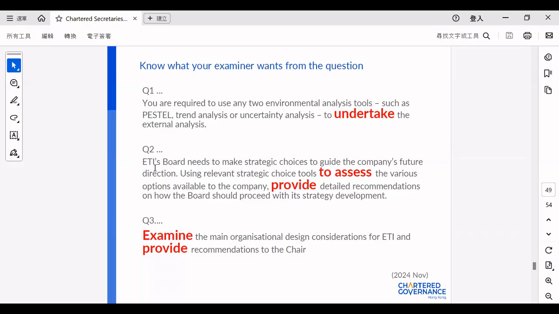Now later on, we'll discuss in more detail what the examiner wants to see by using these words, right? Examine the organization design considerations and provide recommendations. That is more or less the same. You have to examine the situation first and provide or give recommendations.